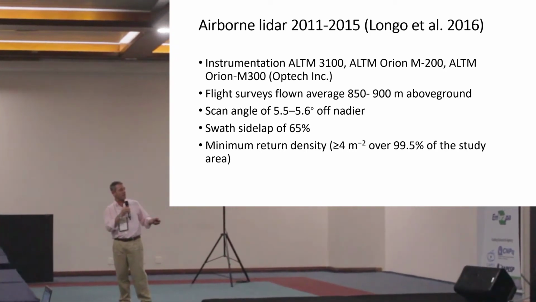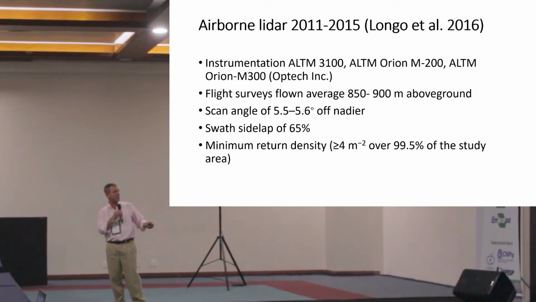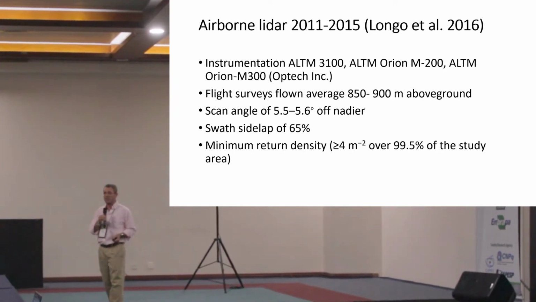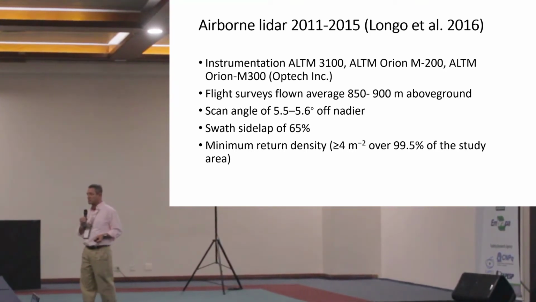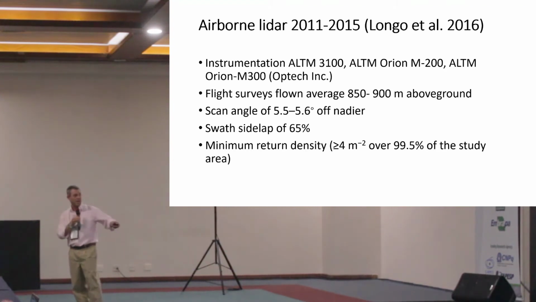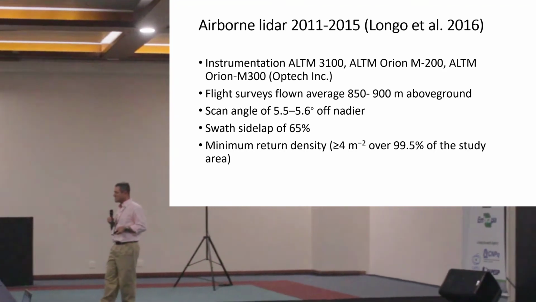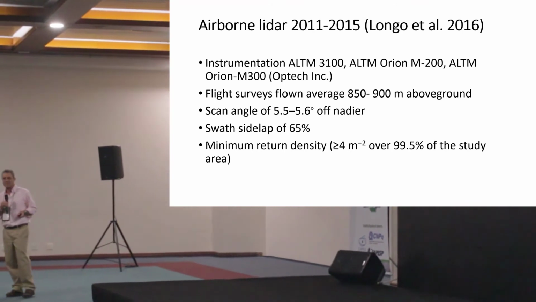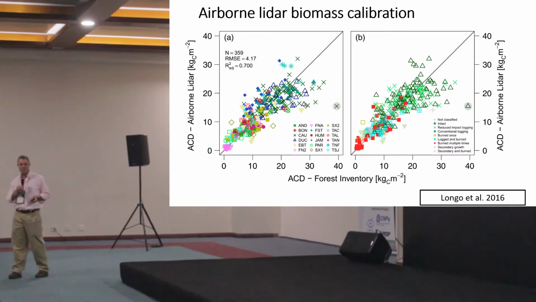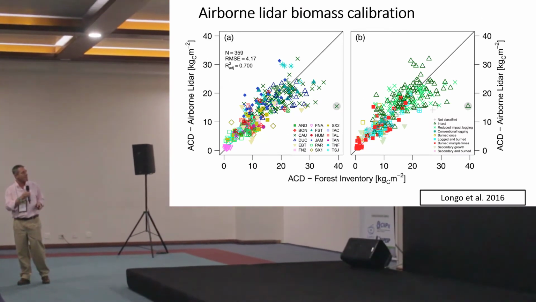And we had a very large side lap. Minimum return density was 4 returns per meter squared, but generally it was far higher. And we required our core vendors to cover 99.5% of the area. So we have some very rich data sets with lots of points, at least for that time. Nothing compared to what you guys can collect today, I'm sure.